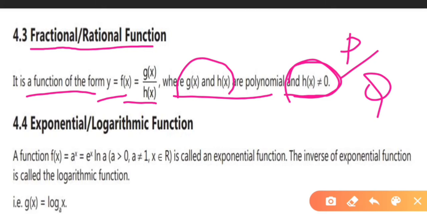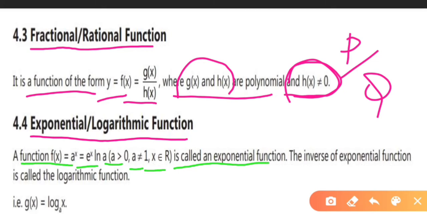Next one, exponential or logarithmic function. A function f of x which equals a to the power of x, which equals e to the power of x log a, where the condition is a is greater than 0 and a is not equal to 1, and x belongs to the set of real numbers, is called an exponential function.